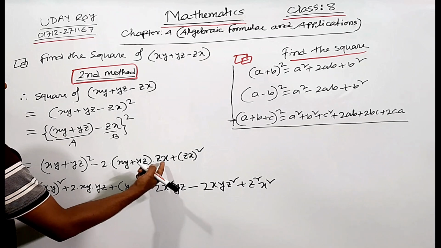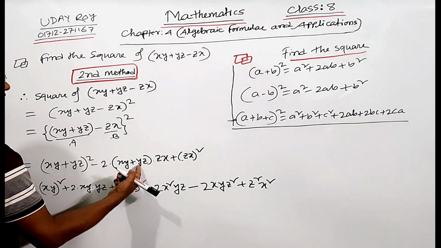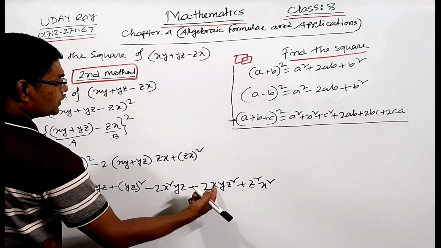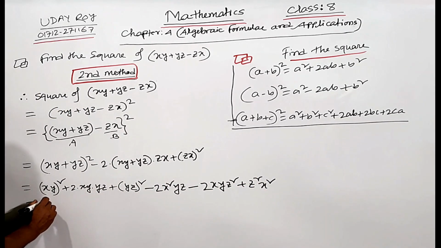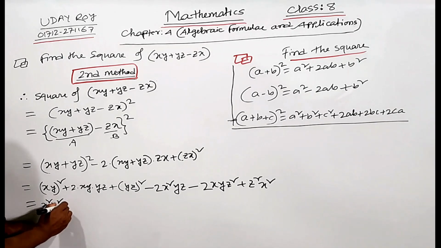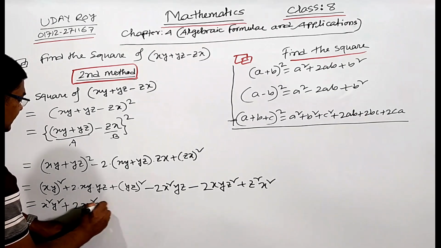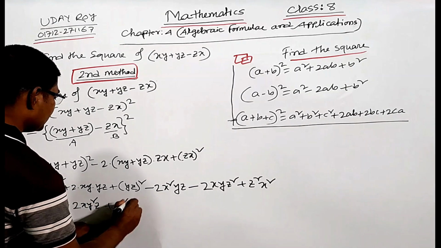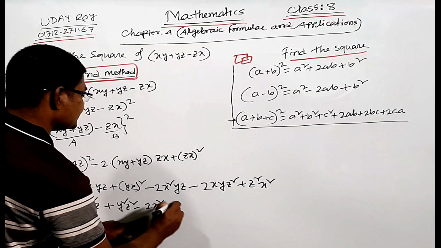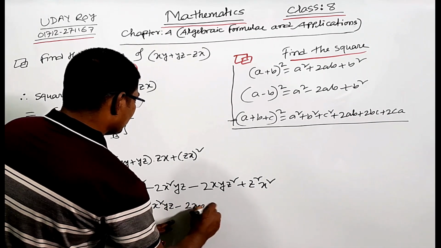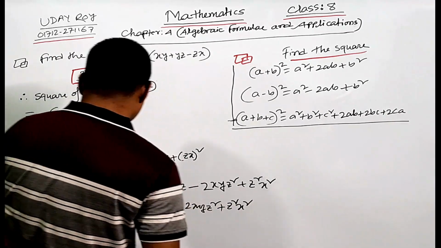That means 2 into x into y into z square, because here is x into y, xy, z into z, z square. 2 into x into y into z square plus z square x square. Now here we have got x square y square, 2 into x, y square z plus y square z square, minus 2 x square yz, minus 2 x y z square, plus z square x square.